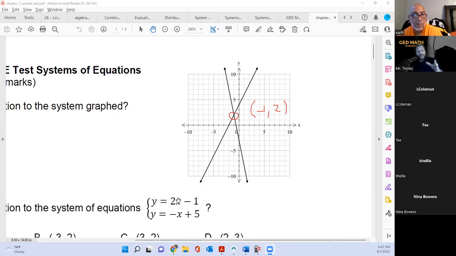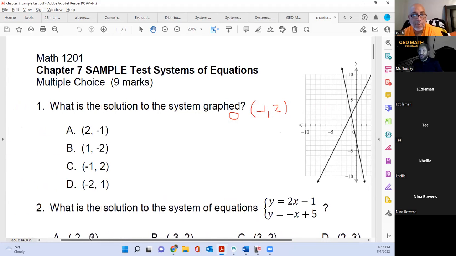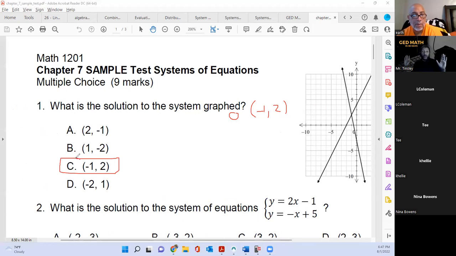Where the two lines cross is the solution for a system of equations. So that point was minus 1, 2. Nice, easy multiple choice. Understand what a system of equations is, and understand that the solution is where both of those lines cross. So that was one multiple choice.